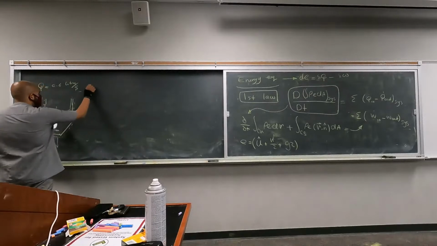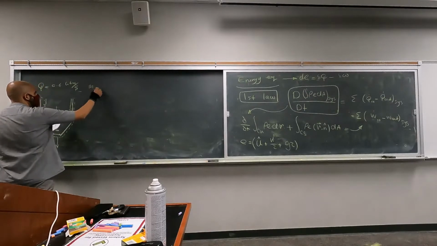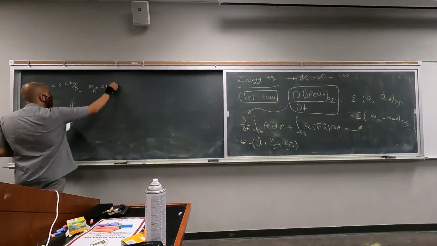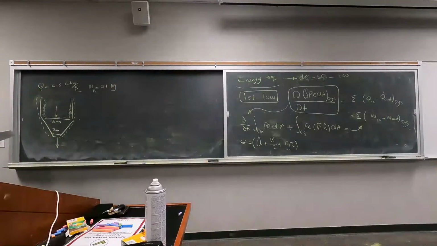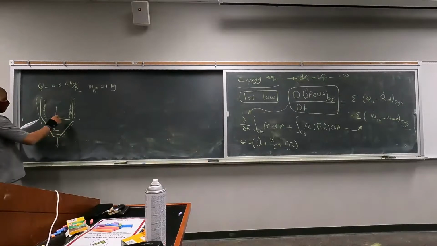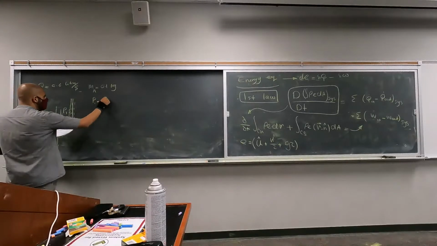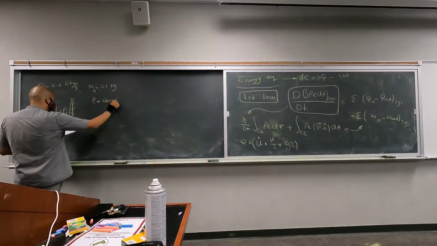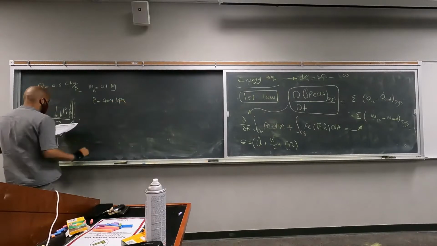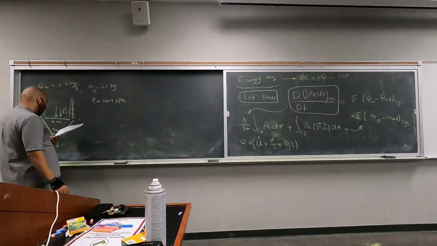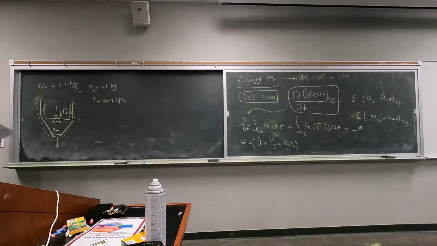Mass of the nozzle itself, we're going to call it Mn, 0.1 kilograms. And the pressure at section 1, P1, is 464 kilopascals. We want to determine the anchoring force required to hold the nozzle in place.